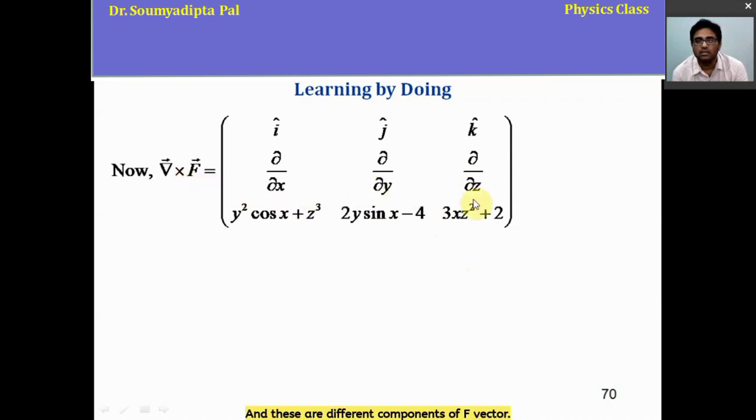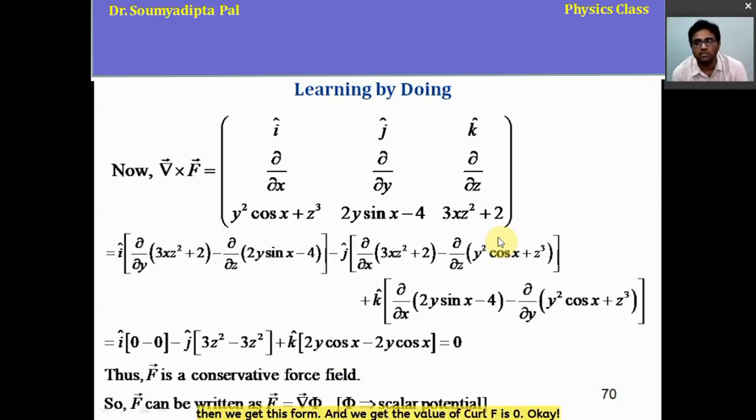And these are different components of a vector. Now if we do the operation of partial derivatives, then we get this form, and we get the value of curl F as 0.